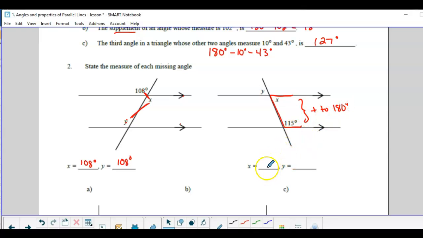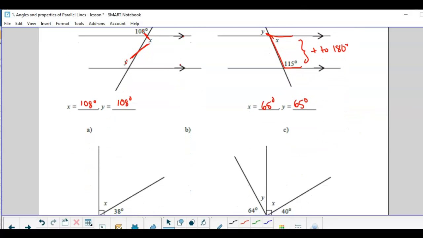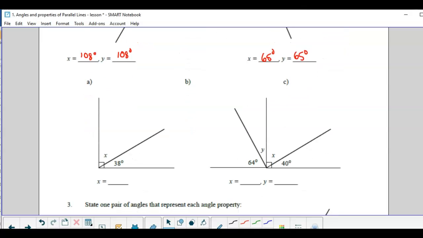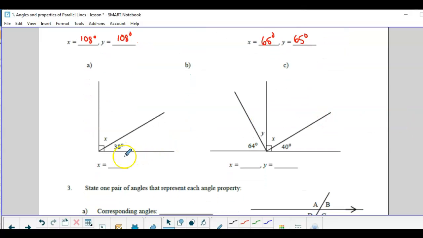So that's going to be 65. And then these are opposite. Okay, and then the next one is 90 degrees. So we've got 38 there and an x there. So they add to 90, so they are complementary. So that means the x will be 90 minus 38, that's 52.